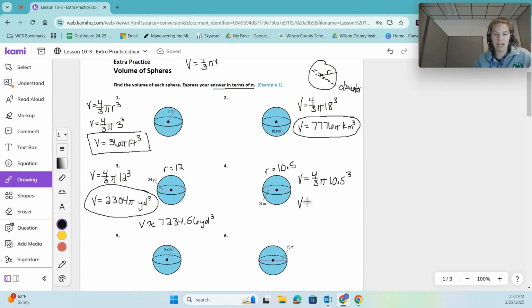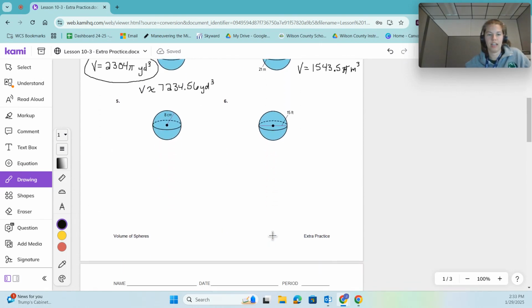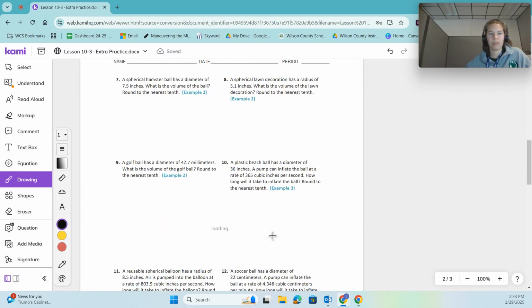In terms of pi, my volume is 1,543.5 pi meters cubed. Make sure you include that pi there. There are a couple more that you can try there, and then we'll take a look at some that are written in word form.